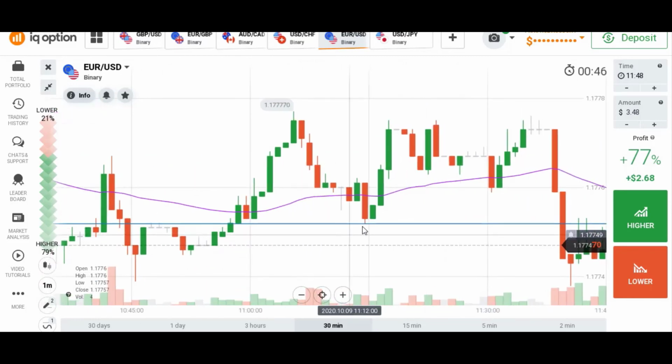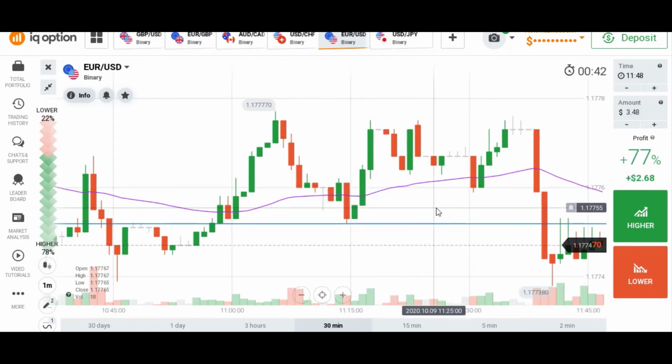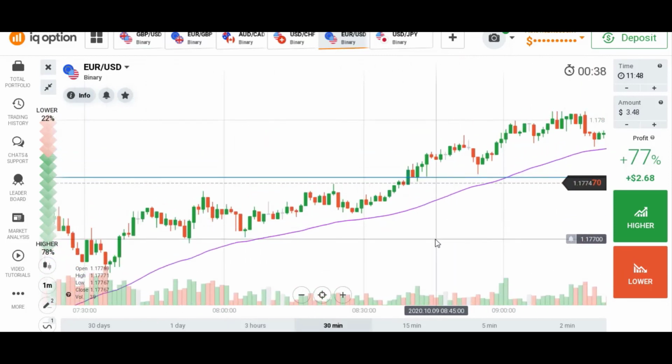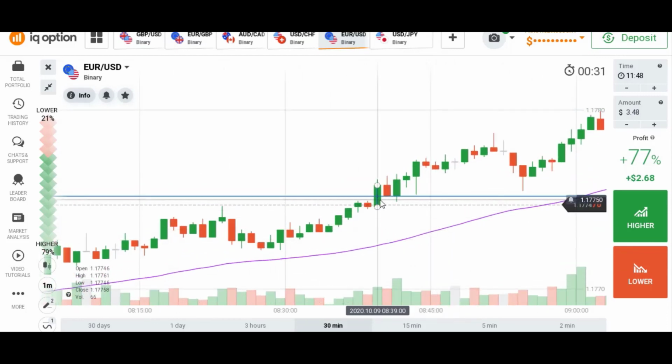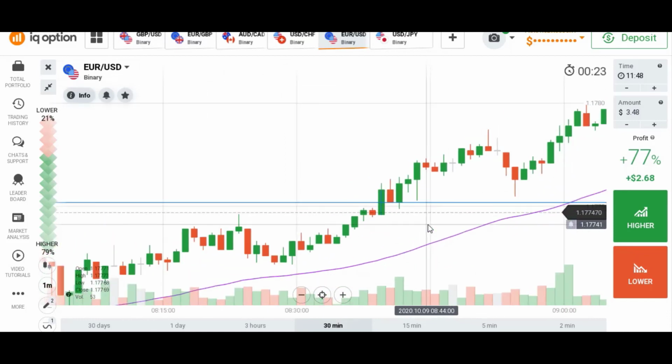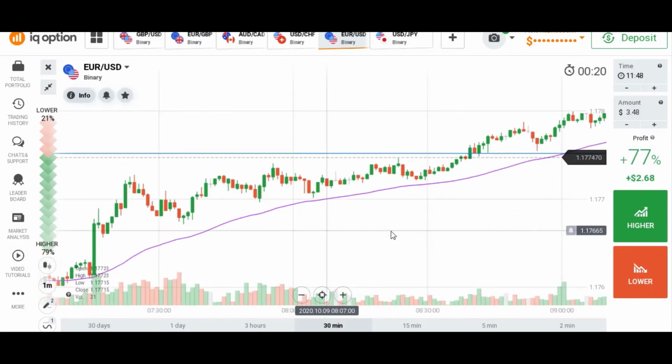It's rejected strongly from this level, and the next candle goes up. So it's working again and again. In this type of SNR level, we can place our trade fearlessly. It works every time.